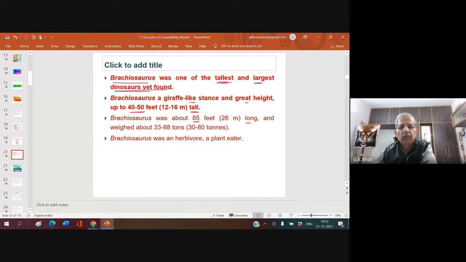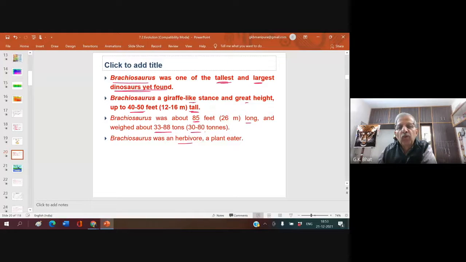Long means from the tip of the head to the tip of the tail. Tall means the height when it stands on its legs. It weighed about 33 to 88 tons. You know 1 ton is equal to 1000 kg, so 88 tons is 80,000 kg.